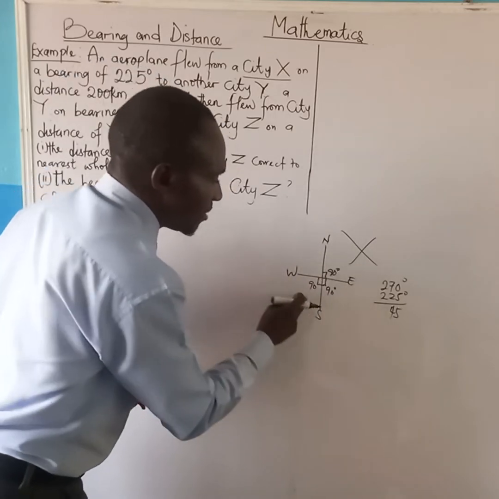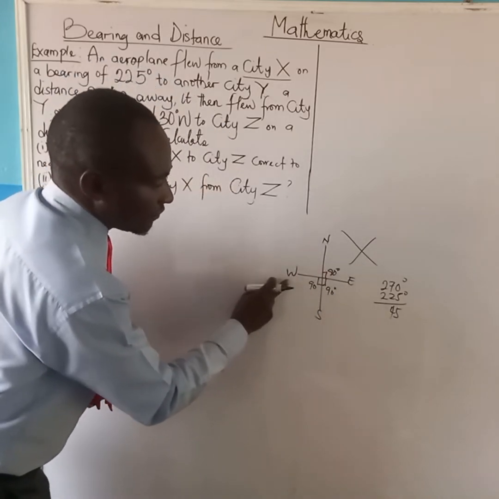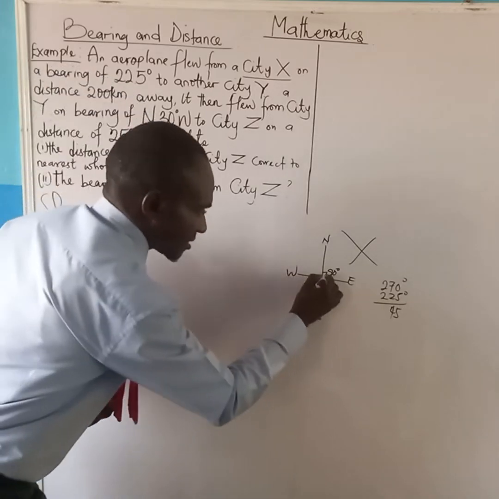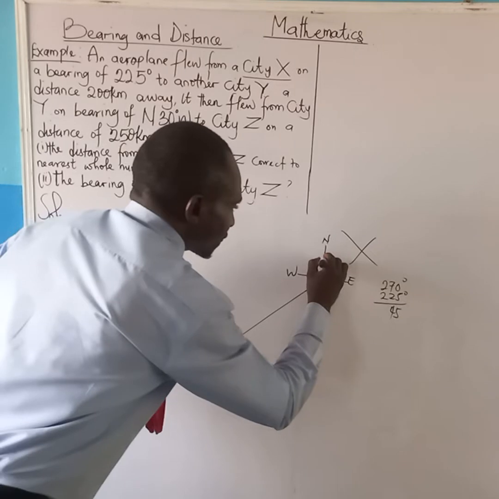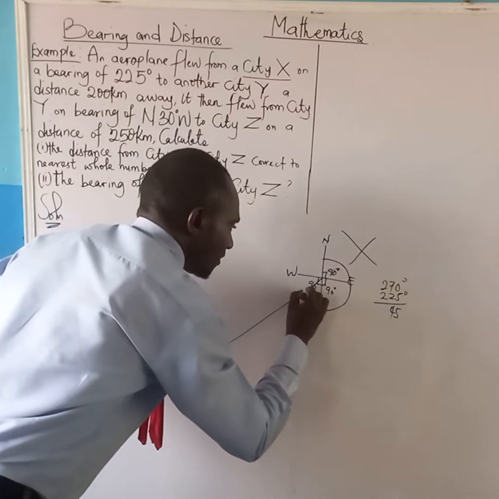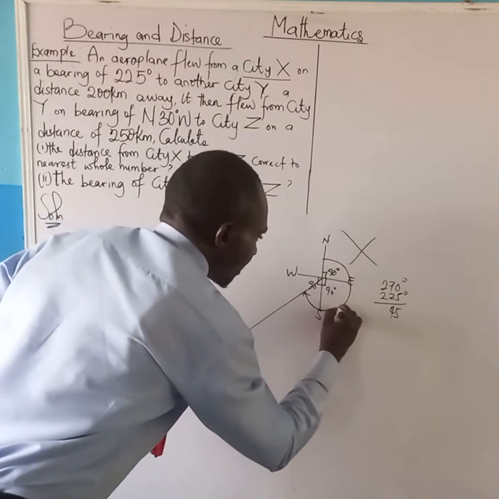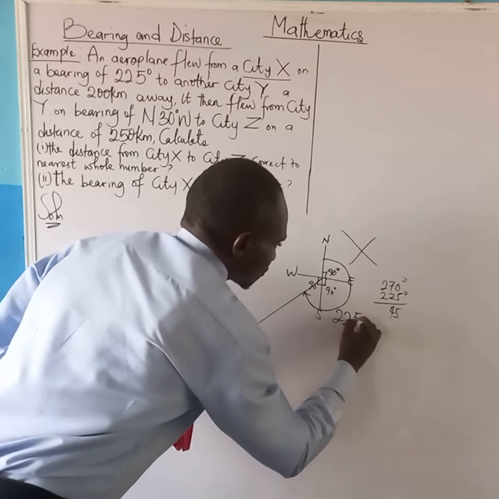Then 45 degrees means the bisection of southwest. So the airplane flew from here to this place to make an angle of 225 degrees.